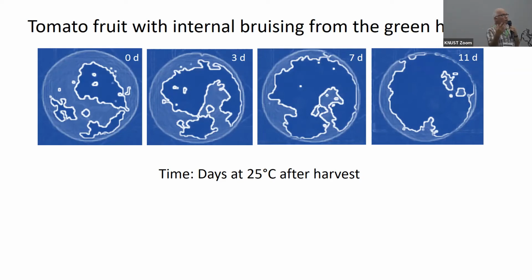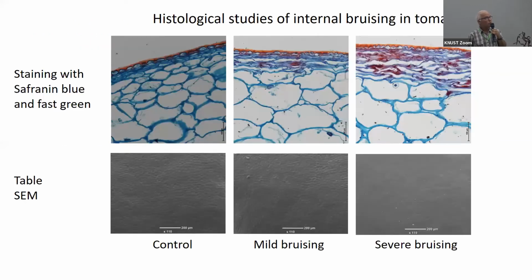So we think that we can use this technology to sort tomatoes that have been damaged during processing from the tomatoes that do not show those symptoms. Probably they cannot see it online.